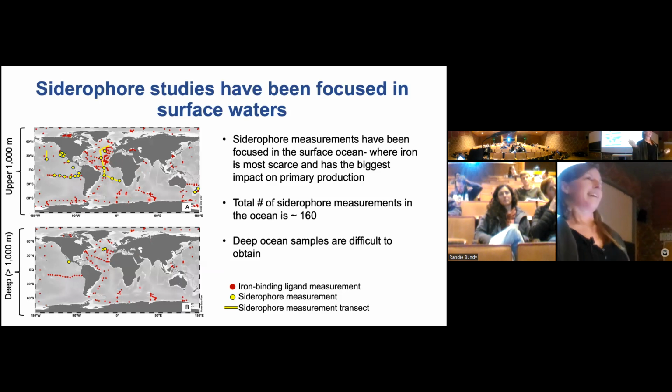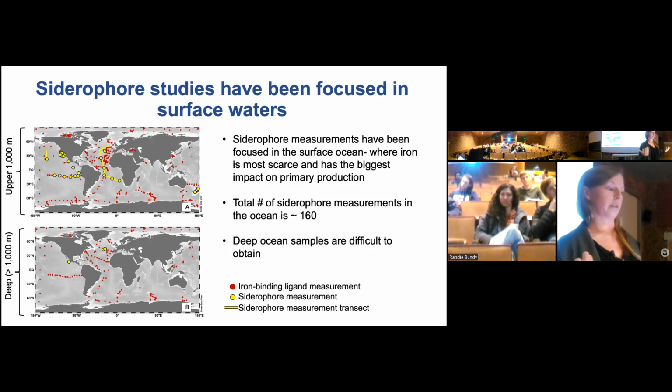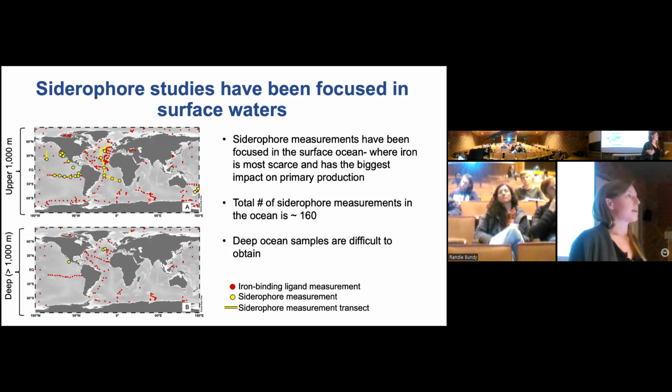We have to collect trace metal clean samples from a rusty boat. That's very hard. And when we first started doing these analyses, when I was a postdoc, we needed up to 1,000 liters of water. Now we only need 1 to 4 liters. So our group has focused on expanding these measurements and collecting them also in the deep ocean as well, because that was very underrepresented.